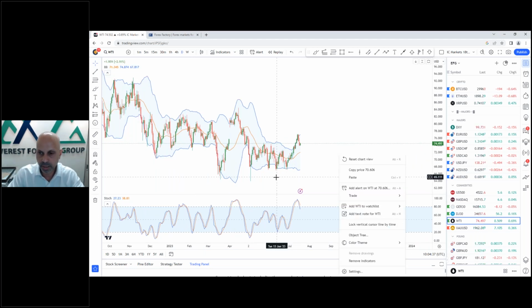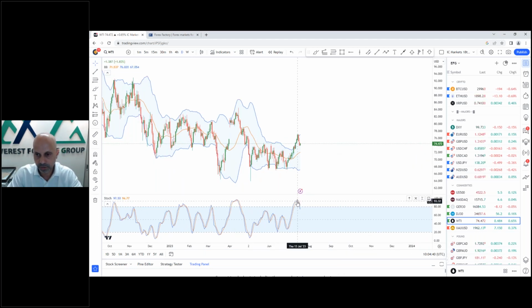Right. So now in this case here, as we saw last week, oil staged a pretty strong rally, WTI breaking above $76 per barrel. And here we can see, especially with this candle breaking down on the daily time frame, and with stochastic going up as high as 97, right?